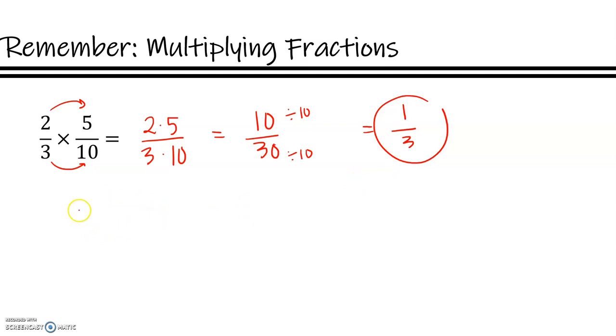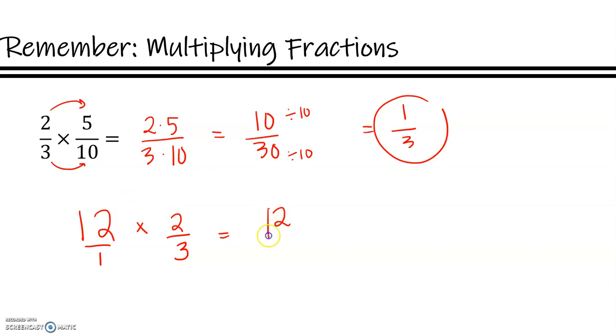I want to do one more with you. Let's pretend that we have a whole number like 12, and we need to multiply that by a fraction. And let's say we're multiplying it by 2/3. Remember that you can make any whole number into a fraction by placing it over 1. So now, same thing.